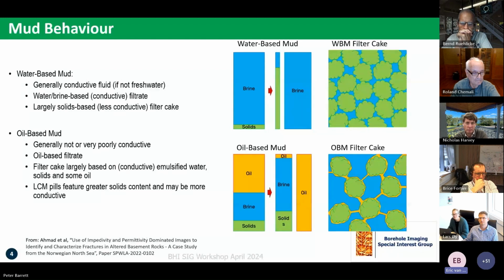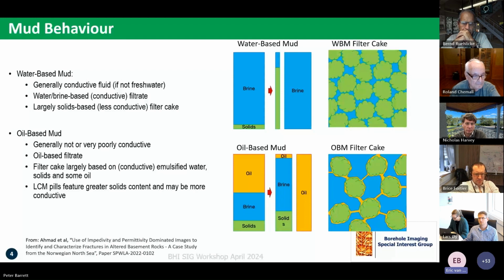Water-based mud is mostly water with solids, sometimes emulsified oil. And what you get in the filter cake is mostly the solids, which don't go into the formation, and whatever water is not squeezed out of that void space in the filter cake. So a lot of the filtrate is the brine, and the filter cake is mostly solids with a bit of water in between.